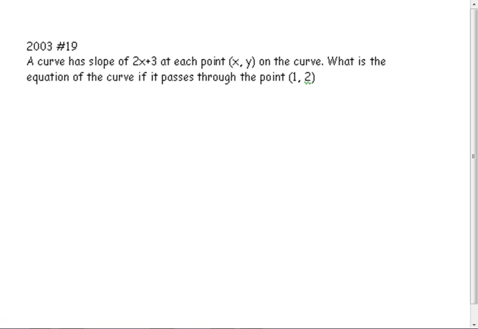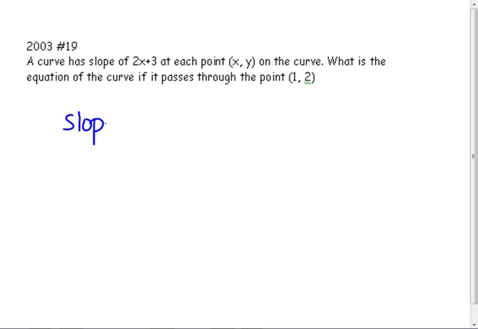A curve has a slope of 2x plus 3 at each point of the curve. What is the equation of the curve if it passes through the point (1, 2)? This is a differential equation. Okay, let us work. Some kids wanted to take a tangent line and put 2x plus 3 in for the slope. That's not what we're doing. If it has a slope, what's slope?